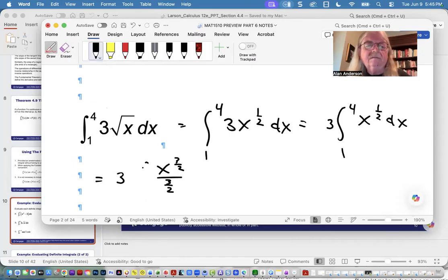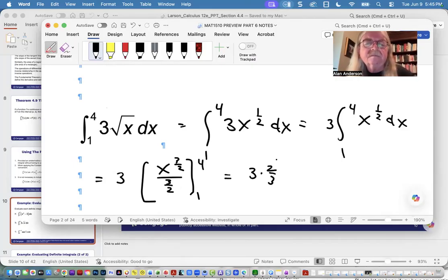There we go. And just write the endpoints here. Okay, because now it's already been solved. There's no need to keep an integral sign there. And now what I would like to do is get rid of this pesky 3/2 down here. So I'm going to actually end up multiplying by 2/3.